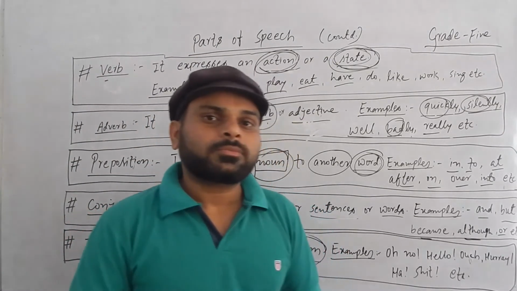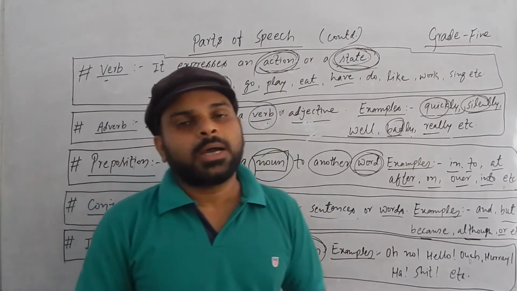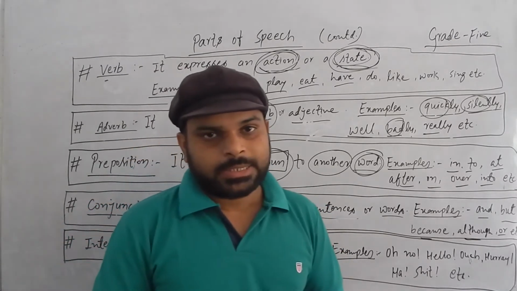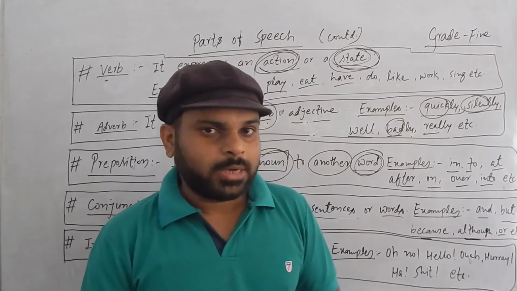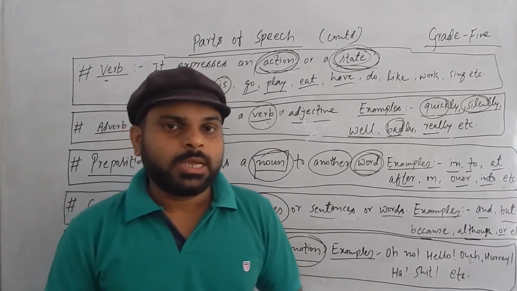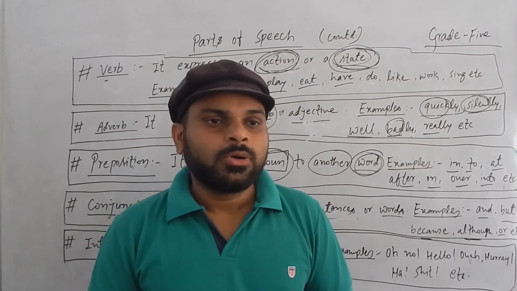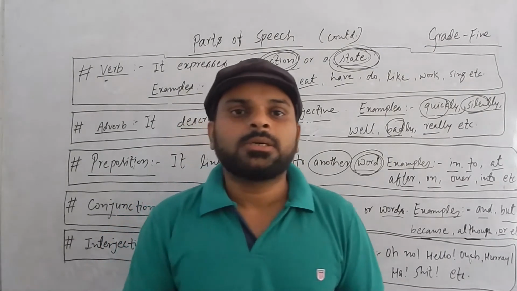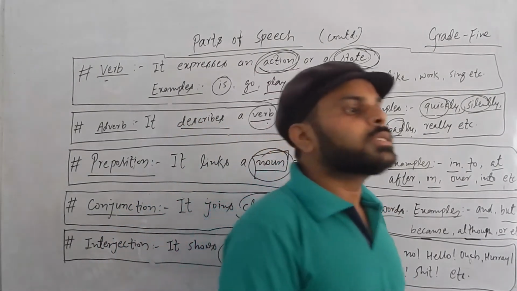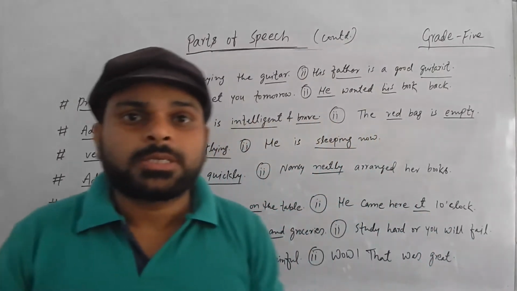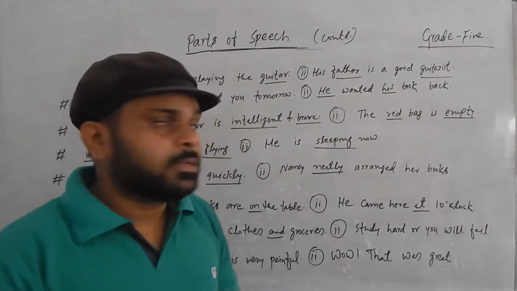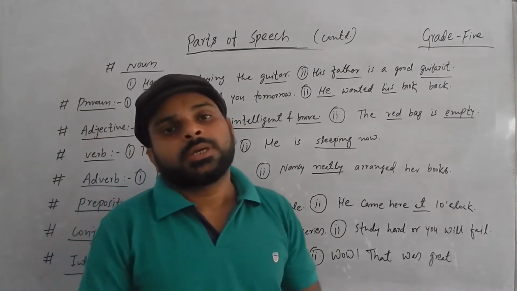Now we'll see some examples and exercises from your text, because it will be easier for you to see the book at home and do the same exercise at once. Okay, students, let's continue with our section on parts of speech.